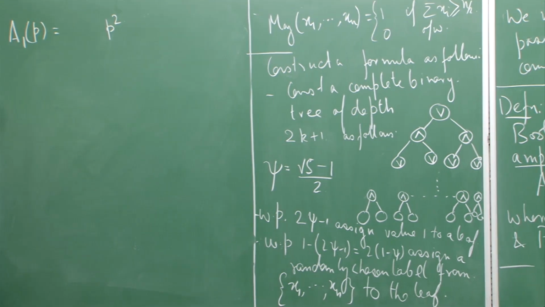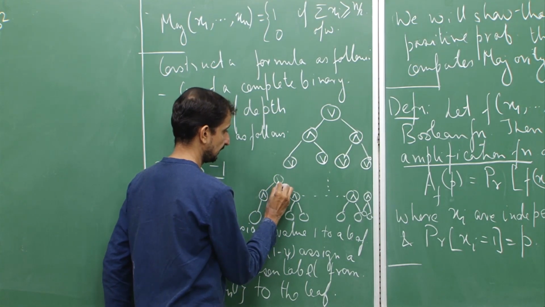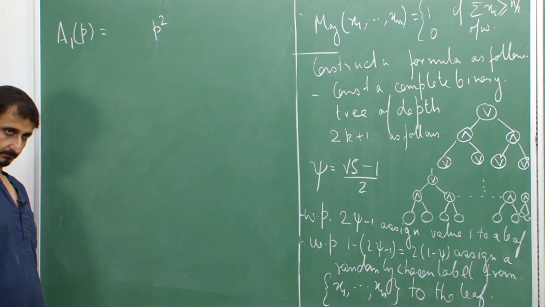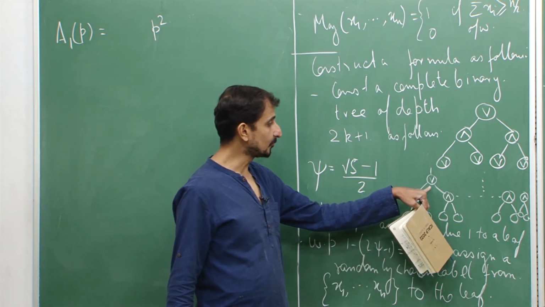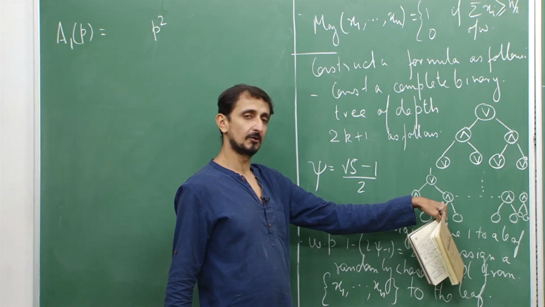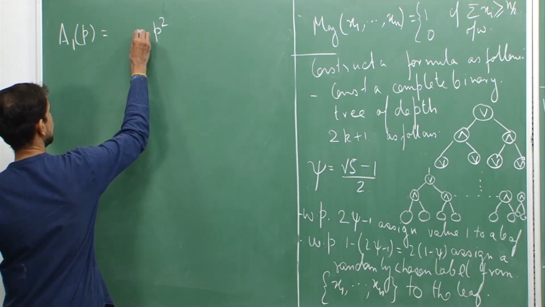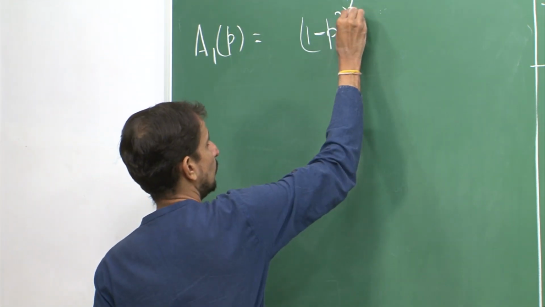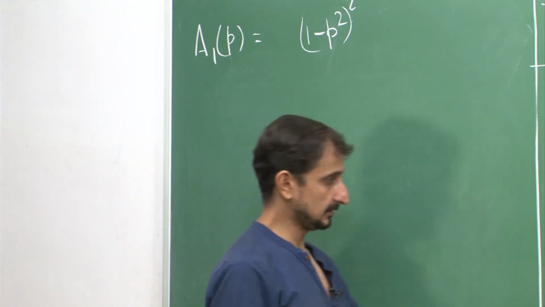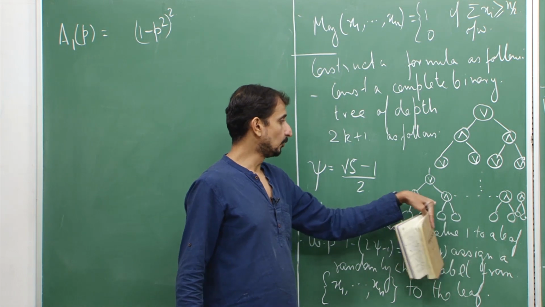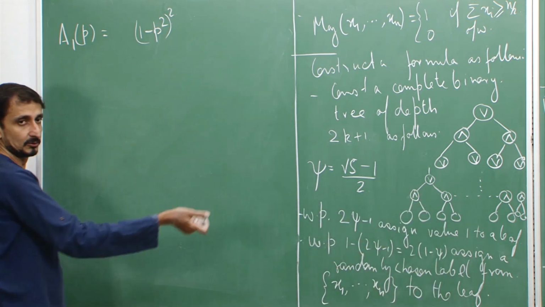Now, what is the probability that an OR gate sitting over here outputs a 1? So, when does an OR gate output a 0? It will output a 0 if both these guys output a 0. The probability of that happening is (1 minus p square) whole square, because the probability that one AND gate outputs a 0 is 1 minus p square, and the probability of both of them outputting a 0 is (1 minus p square) whole square.